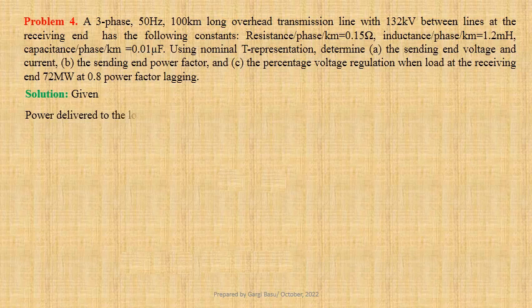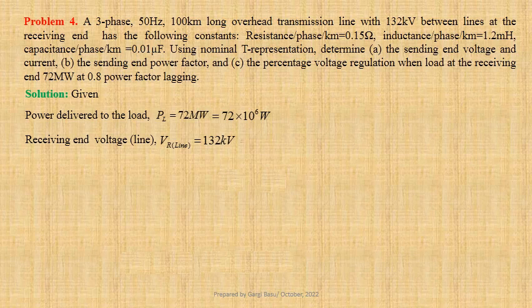Power delivered to the load PL equals 72 megawatts, that is 72 into 10 to the power 6 watts. Line to line receiving end voltage VR line equals 132 kilovolts, that is 132 into 10 to the power 3 volts.